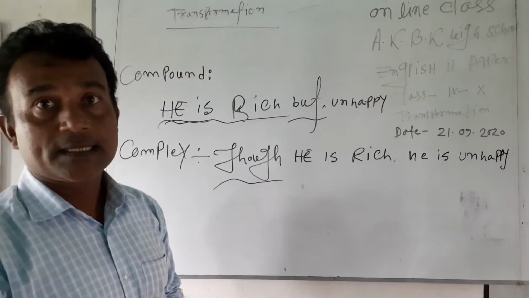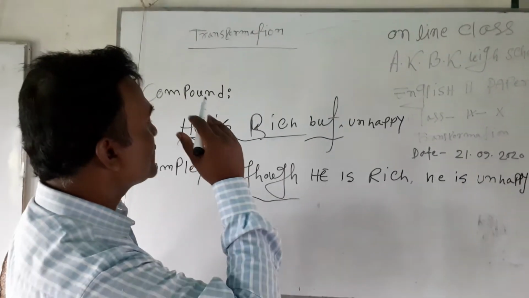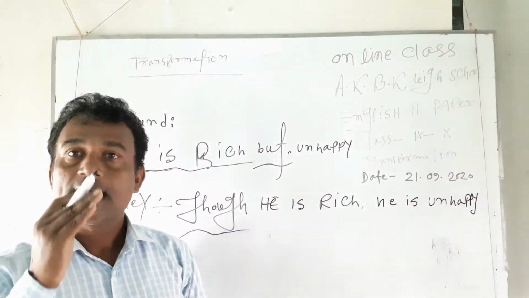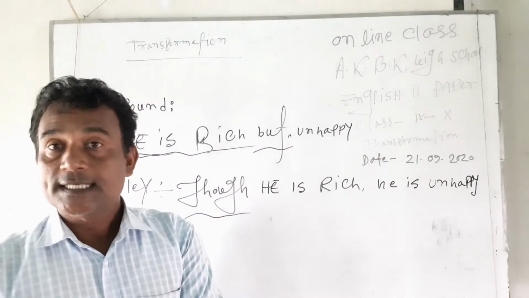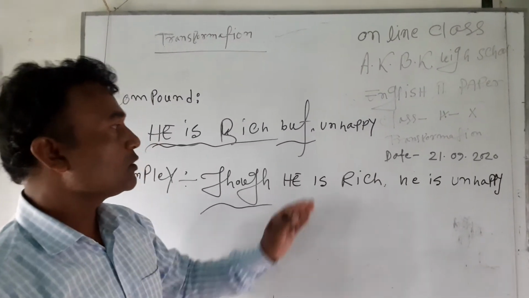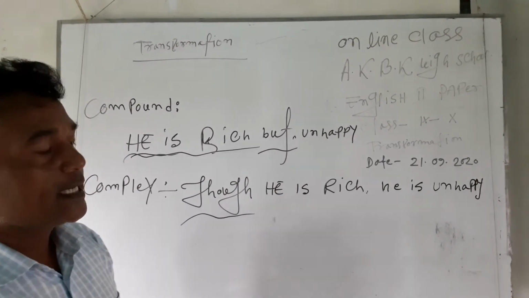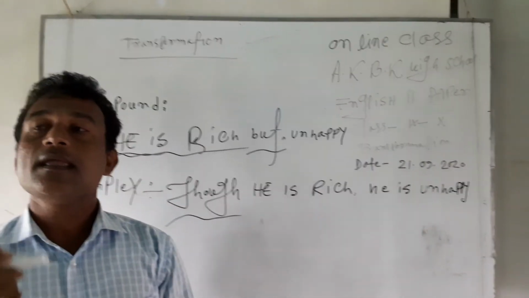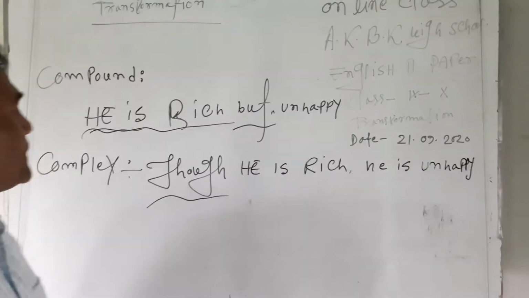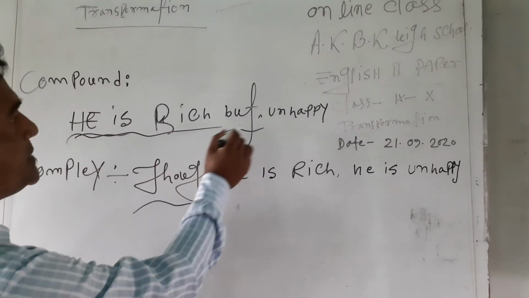That is not necessary. But if you want to change this sentence into a complex sentence, you must write the subject and to be of the second part of the sentence, the other clause. The other clause is unhappy, and this clause is completed by he is unhappy.